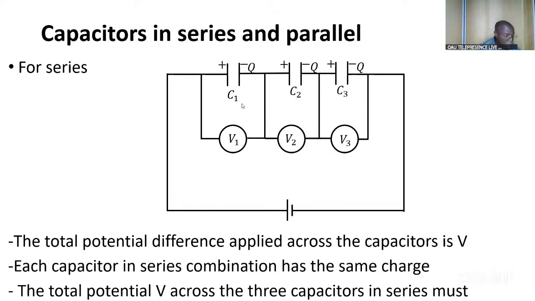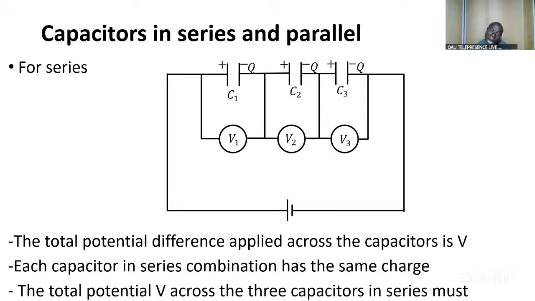If you do that correctly, you get 6.67 times 10 raised to power minus 5 coulomb for the first charge.